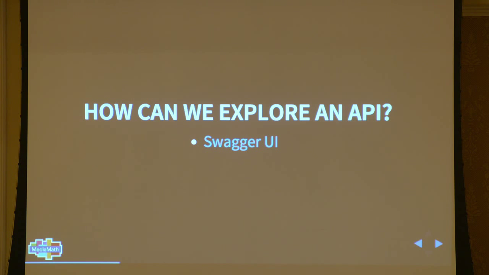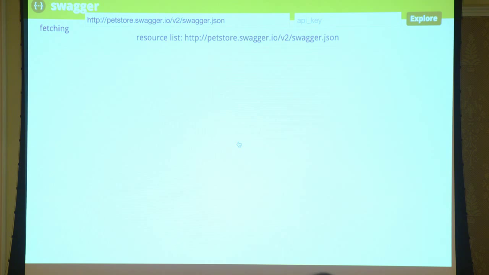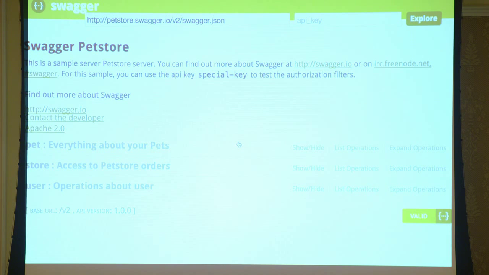So let me give you an example of how you may want to explore an API. This is an open source project called Swagger UI, and it parses Swagger. Basically this project is going to a route up there called petstore.swagger.io, and it's reading the Swagger route and generating all this data based off of it.